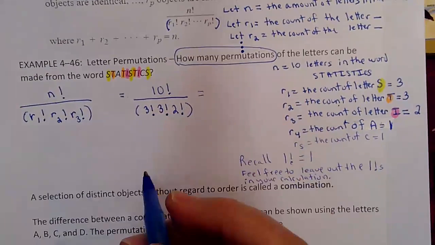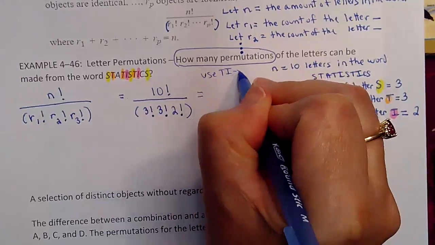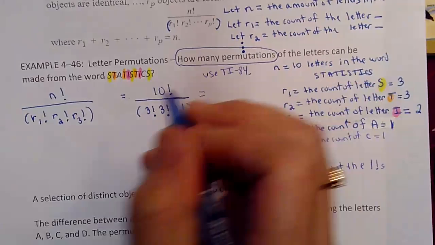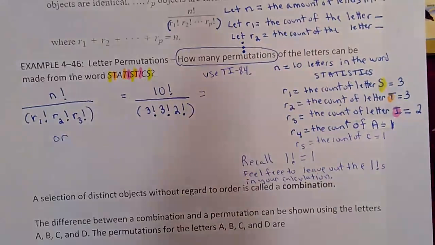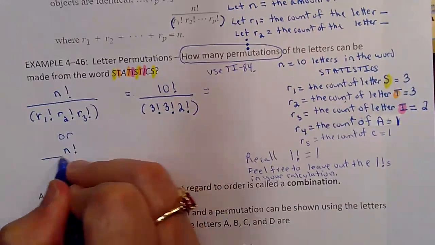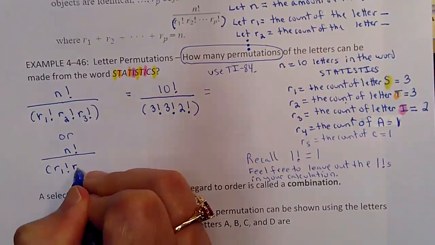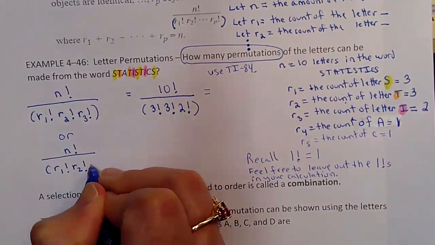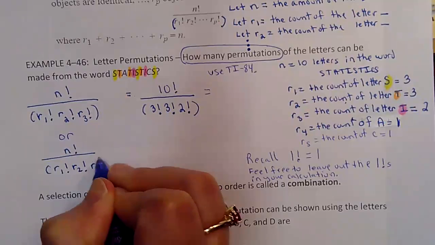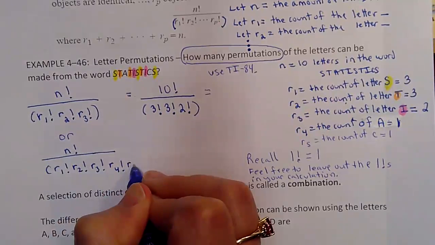And then you're going to use the TI-84 now. Or if you want to include that, you could say that this is n factorial over r1 factorial times r2 factorial times r3 factorial times r4 factorial times r5 factorial.